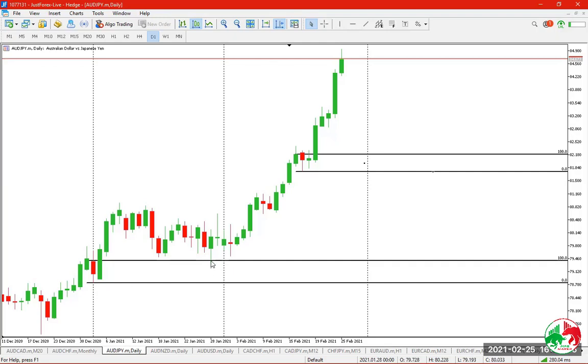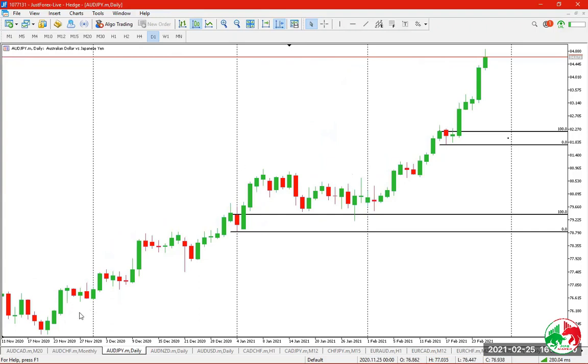You can see this was an uptrend. It came back, collected the orders left here before resuming with the uptrend. So this is what we look to trade: the imbalances that are left by these big banks and institutions.